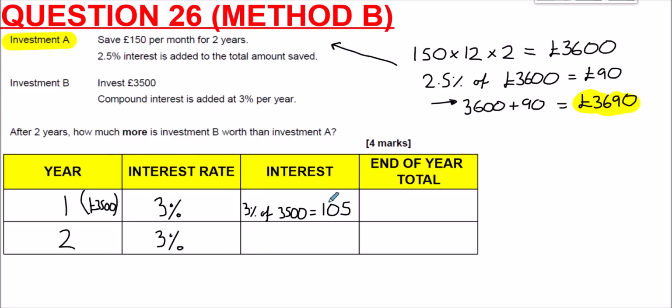So at the end of year total, it'll be the £105 extra added to what we had to start off with. So 3,500 plus 105 comes to a total of 3,605. So what we end up with at the end of year 1 is what we'll start off with at the beginning of year 2.